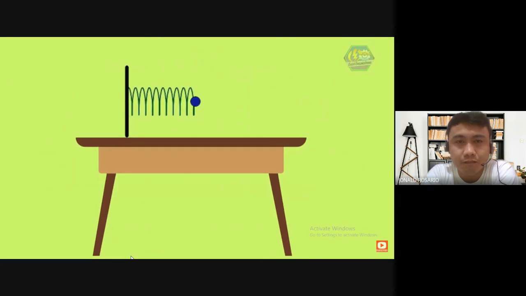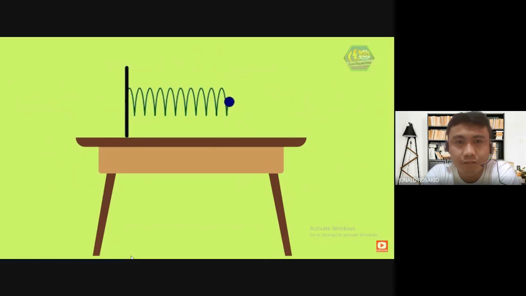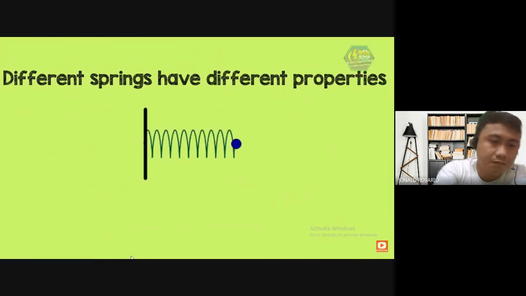While the ball is lying there at rest, it is in a state of equilibrium. But when you move the ball by stretching the spring and then letting it go, the ball will keep moving back and forth. And this back and forth motion caused by the force of the spring is simple harmonic motion. Speaking on the use of springs, notice that not all springs are the same. This means that different springs have different properties.